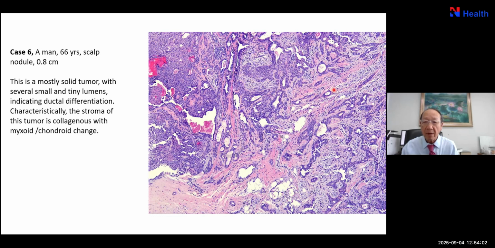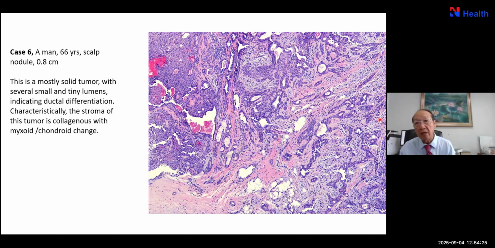And the stroma has a characteristic pink area that we call collagenous stroma, which has a lot of collagen. And the blue area that has many cells and the bluish ground substance, we call myxoid stroma.